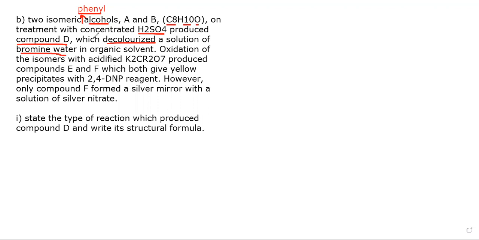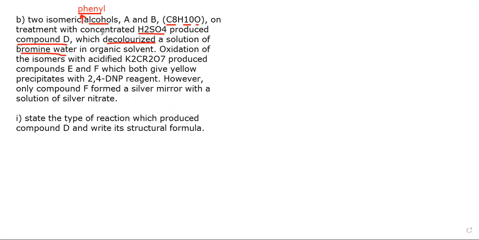So this should immediately be giving you some hints. So you have the alcohol, you react it with concentrated sulfuric acid, you get an organic compound that decolorizes bromine water. Once you hear decolorize bromine water, you should be thinking about the alkene, right? There's no mention of UV light, so it couldn't be alkane. Also, it's a reaction of alcohol, and you would not have done any reaction in which you would obtain the alkane from an alcohol.